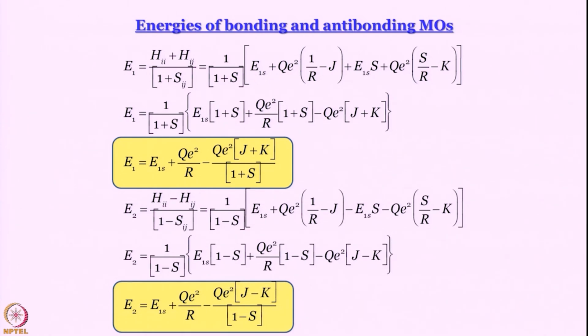What do we get? E1s is the energy of an isolated 1s orbital. What is Q square by capital R? You see this plus Q square by capital R appears in both E1 and E2.